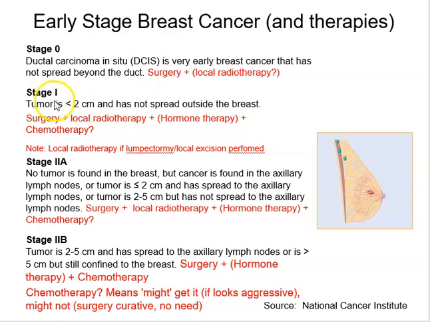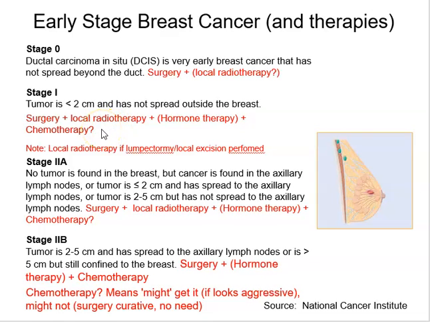Stage 1, we're looking at a tumour less than 2 centimetres, which is not yet spread outside of the breast. So surgery and local radiotherapy will be performed most likely with hormone therapy if it's estrogen receptor positive. But the question is, do we add chemotherapy into the mix?